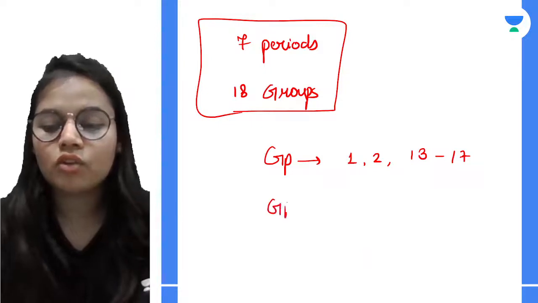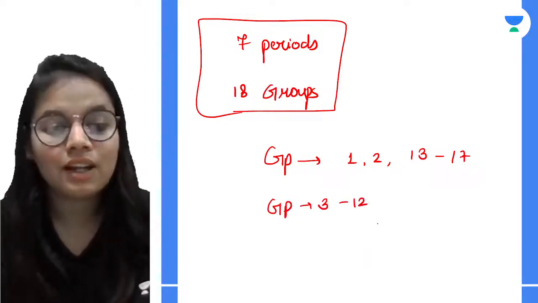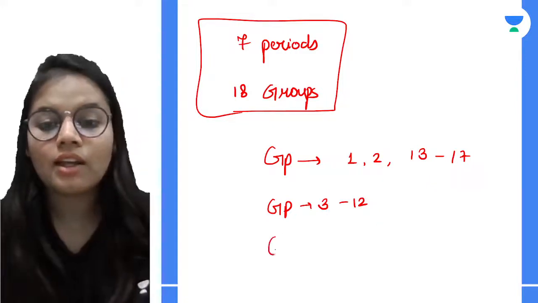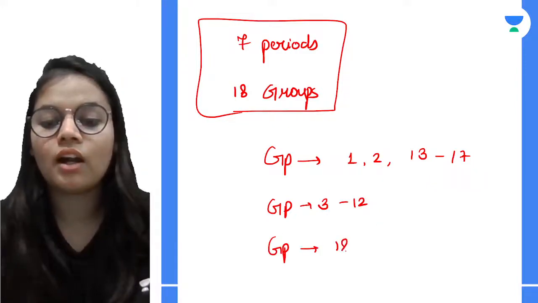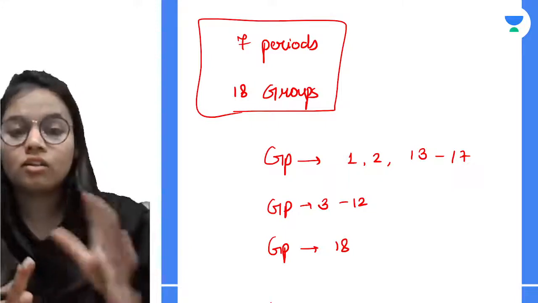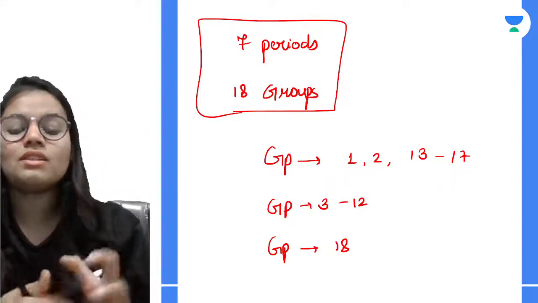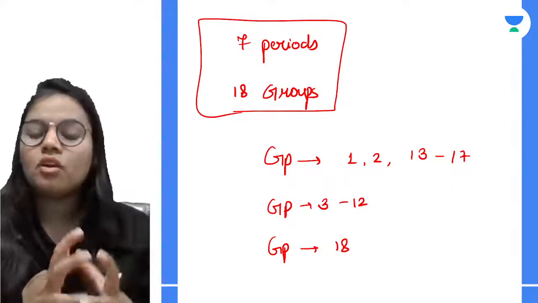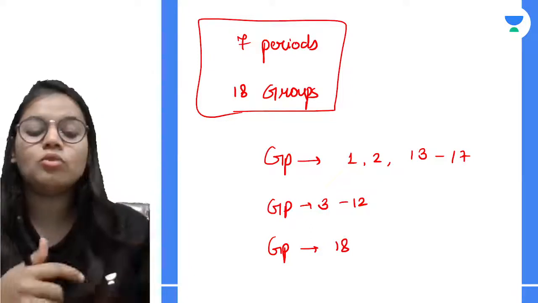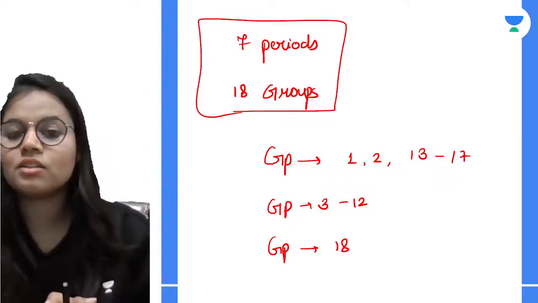The elements of group number 3 to 12 are known as transition elements. And the elements of group number 18 are also known as zero group. These are the elements which are inert; they do not react under normal conditions.